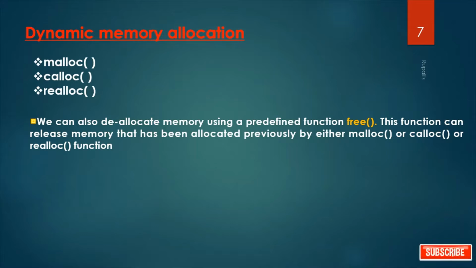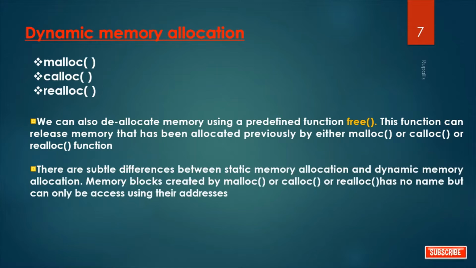So, by malloc, calloc and realloc, we can allocate the memory at the time of run. These are the predefined functions, and the allocated memory can be freed or deallocated by another predefined function. That function is the free function.